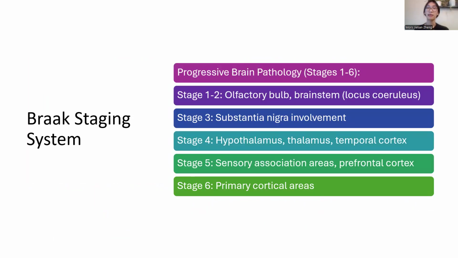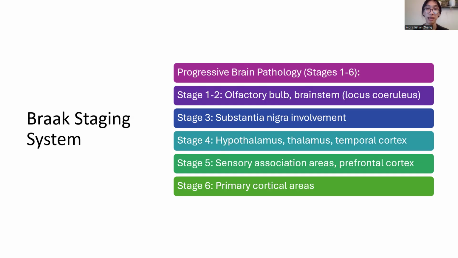Research by Braak and colleagues has revealed that Parkinson's disease follows a predictable pattern of brain pathology that progresses through 6 distinct stages. This progression helps explain why the symptoms of Parkinson's extend far beyond just movement problems.